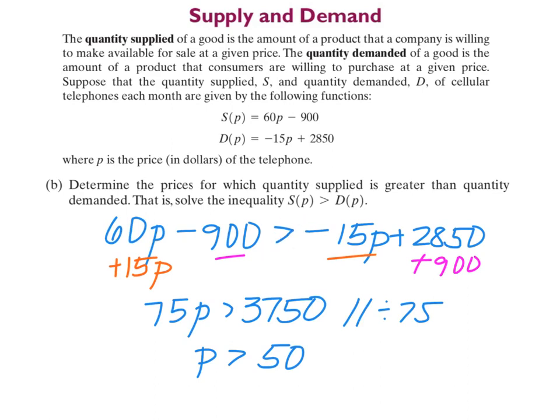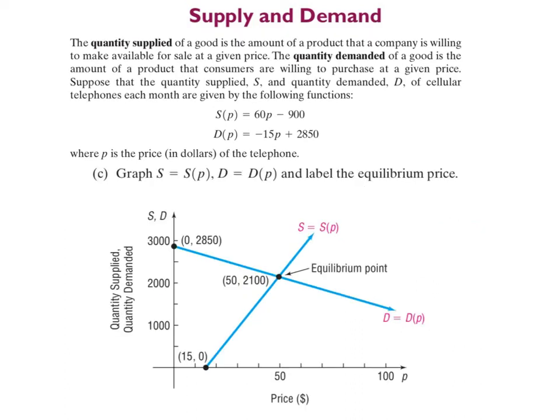So I'm going to do the same algebra to find that P is greater than 50, which should make sense, which means that if you charge more than $50 per phone, then the quantity supplied is going to be greater than the quantity demanded.